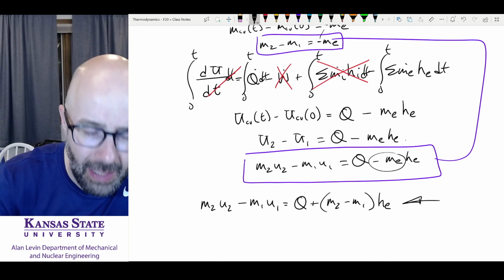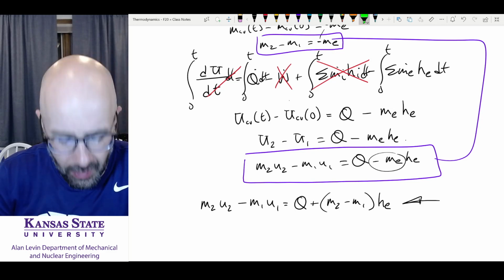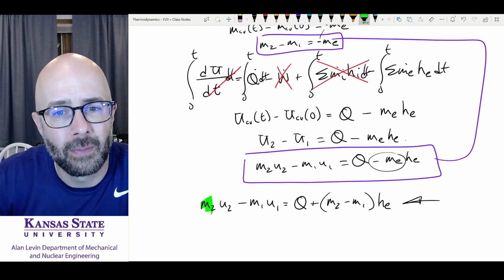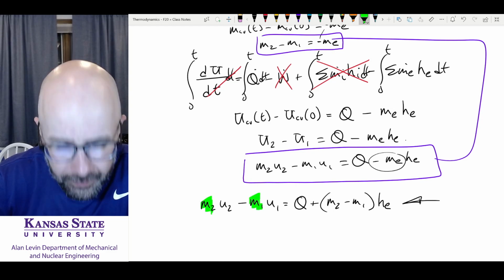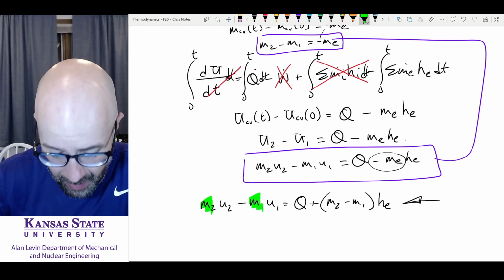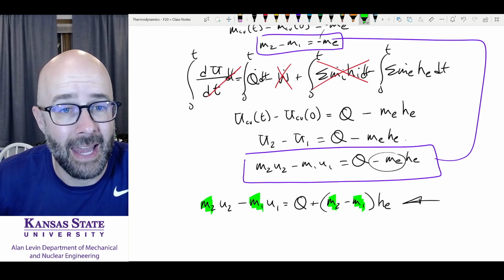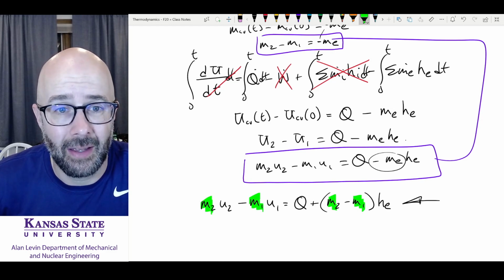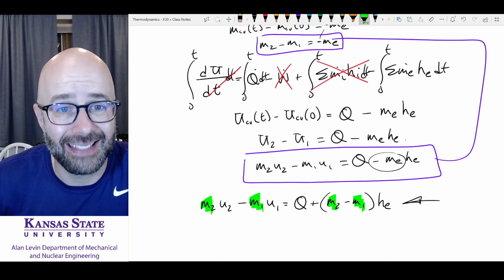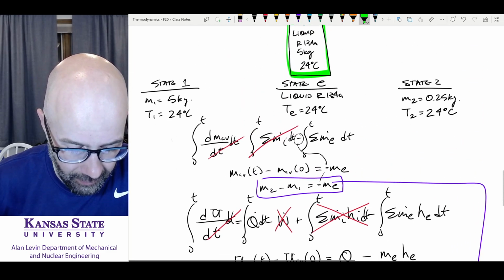Okay, let's highlight what we know. I know the mass of state 2, and I know the mass of state 1. Can I set the state for internal energy 2, internal energy 1, and enthalpy exiting?